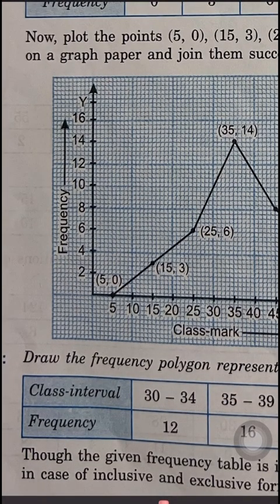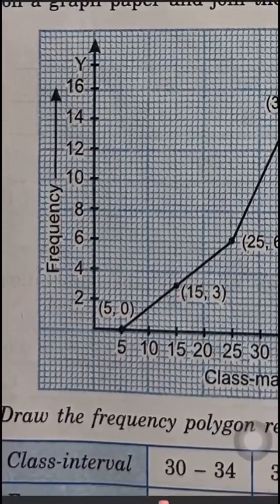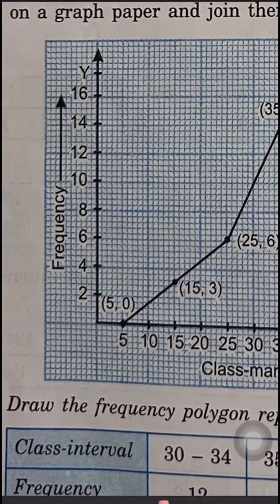The next thing which you will have to do is see the first part. Class mark is 5, frequency is 0. So what you'll have to do is, for the class mark, you mark 5 and then for the frequency it's 0. So on the x-axis you will have to mark 5 and on the y-axis you will have to mark 0.